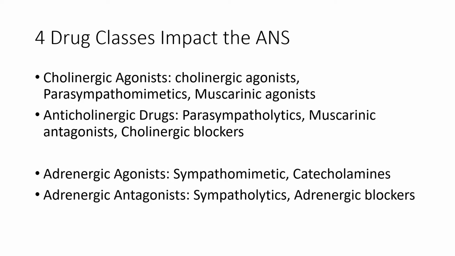So know that there are different names, but they mean the same thing. And remember, in the parasympathetic system, the neurotransmitter at the end is acetylcholine, right? And on the sympathetic side, it is epinephrine or norepinephrine that's making its way across the synapse to bind with a receptor.